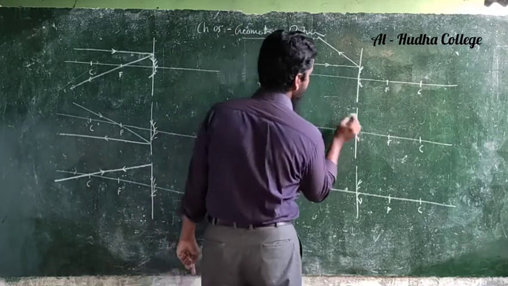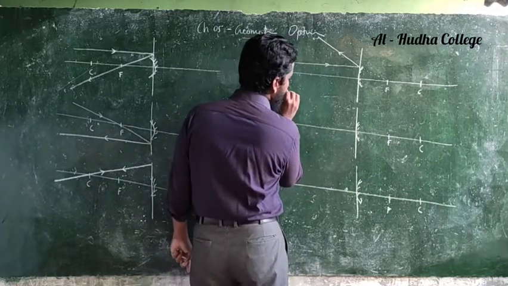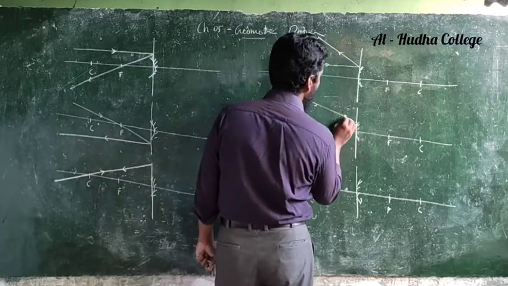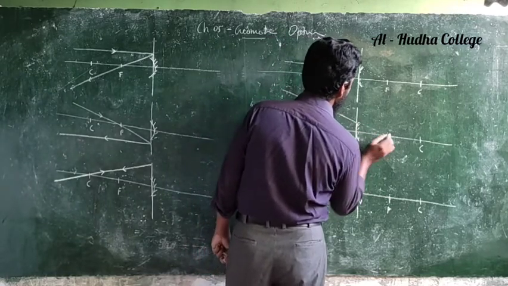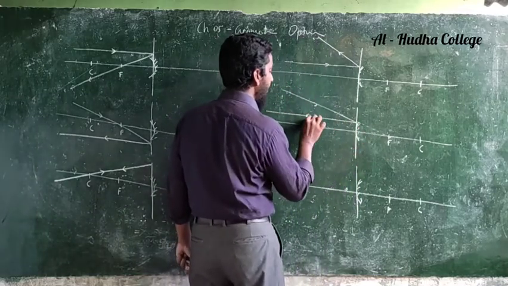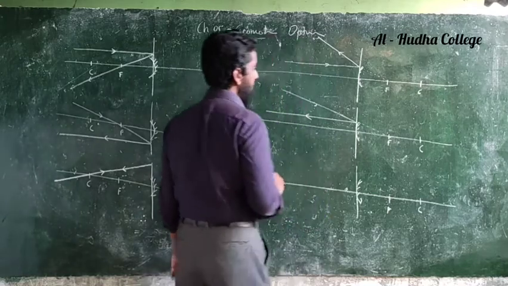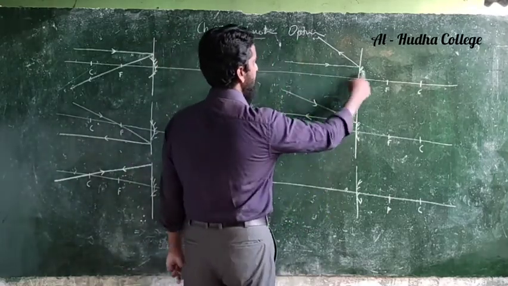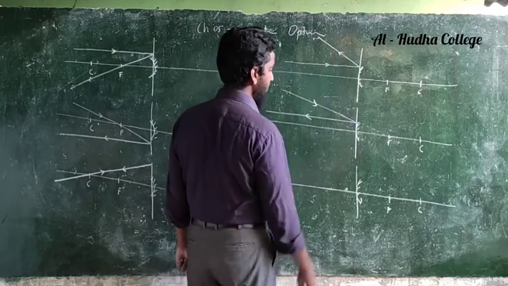The second ray diagram: the ray which is coming towards the focus is going to go parallel to the principal axis after the reflection, the same as this, the returning process.